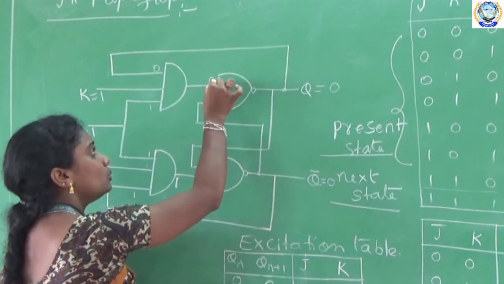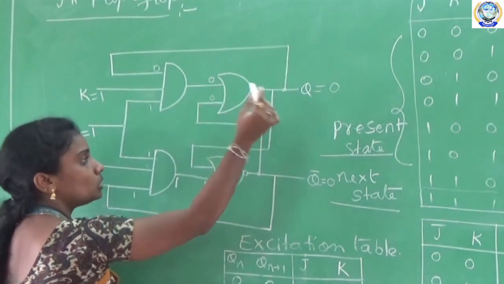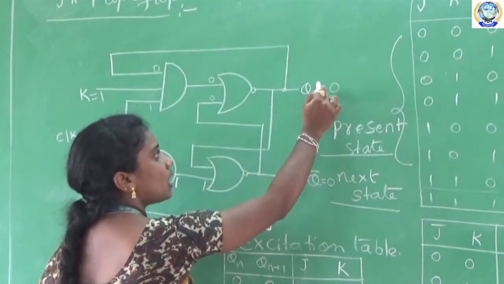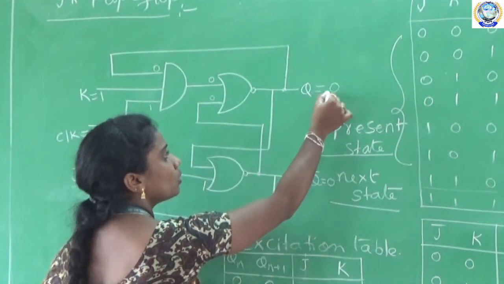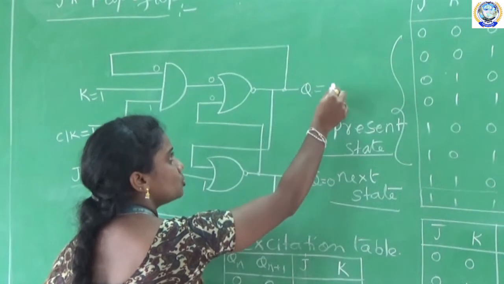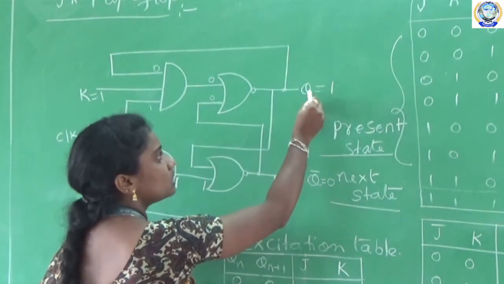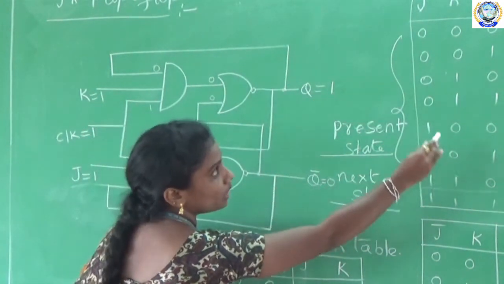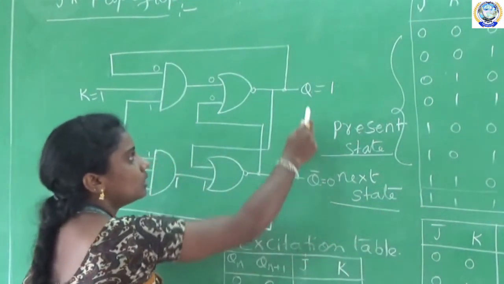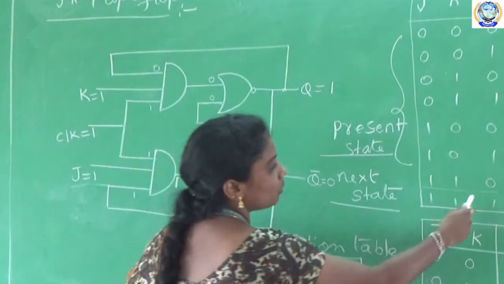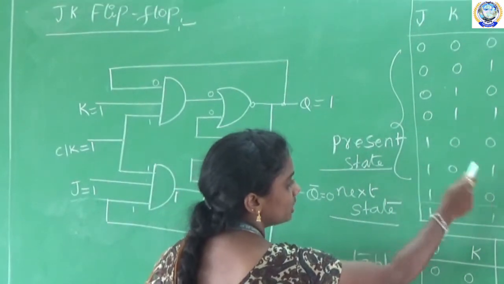If both the inputs are 0, 0, the output of the NOR gate equals 1. So after applying the clock pulse, Q equal to 0 changes to 1. That means Q equal to 1 is Qn plus 1, the next state. After applying the clock pulse, we get Q equal to 1. Before applying the clock pulse, Q is 0.